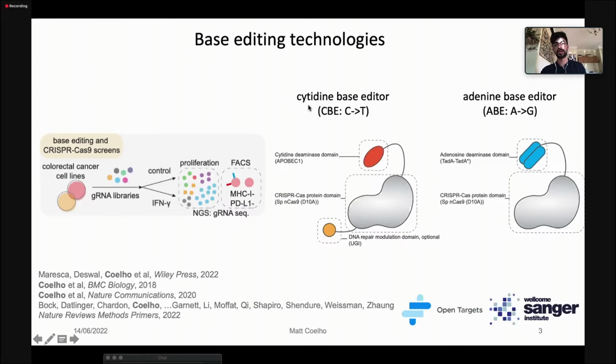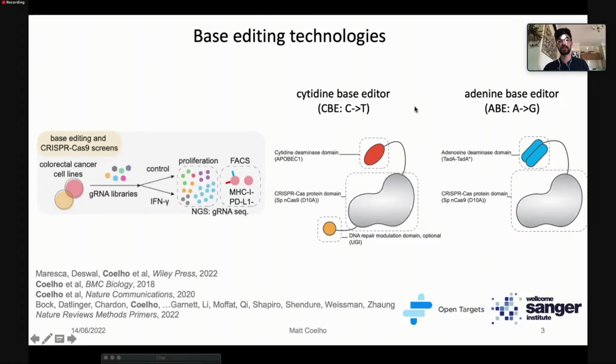So as Holly described from Beam Therapeutics, we can use these wonderful base editing tools. For example, the cytidine and the adenine base editors together to increase the number of mutations we can install in the endogenous locus throughout the interferon gamma pathway.